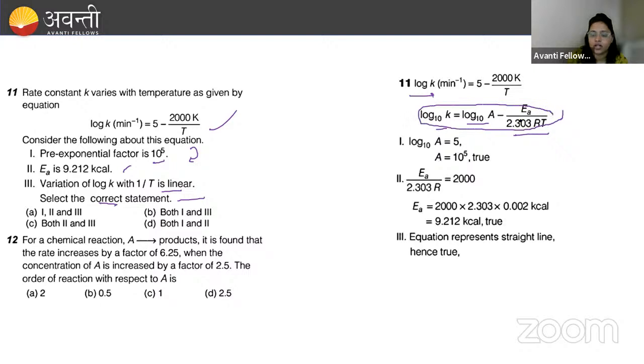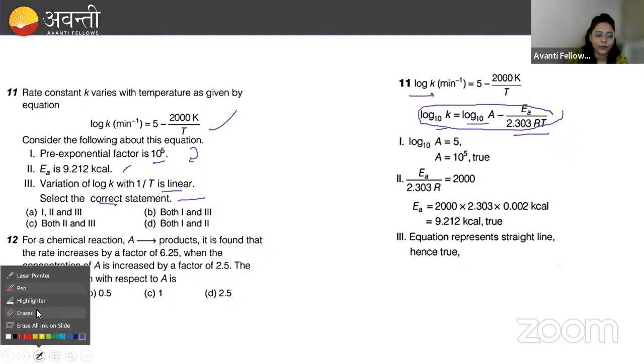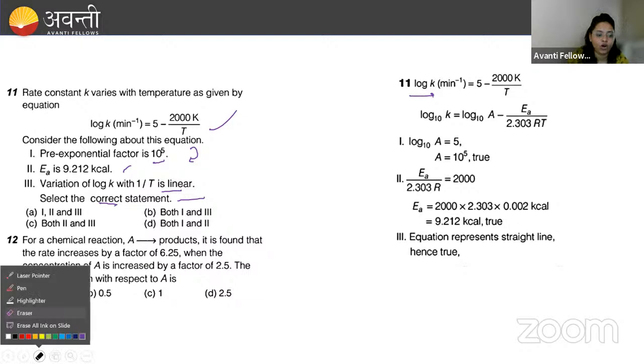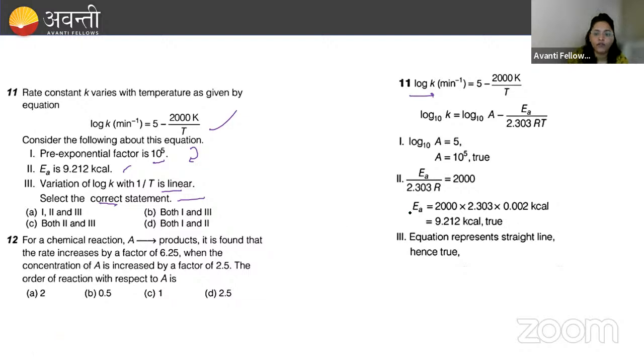This is our main equation. In this equation, what is the value of log A? 5. So when log A is 5, then the value of A will be 10 raised to 5, which is true, as given in the statement. Pre-exponential factor A is 10 raised to 5, which is true. So this is a true statement.